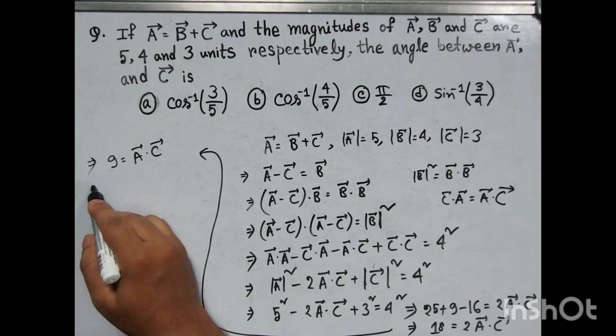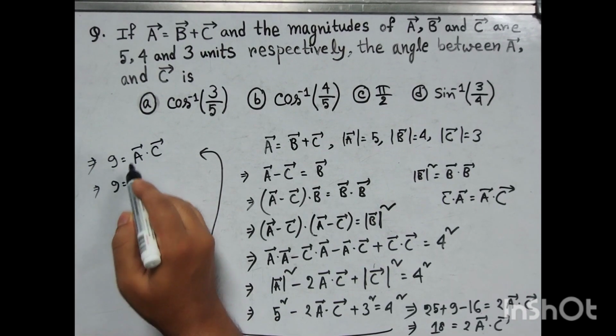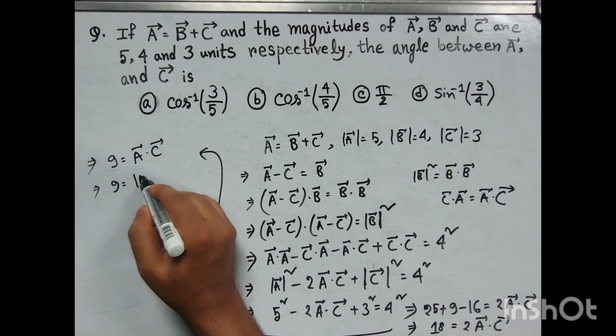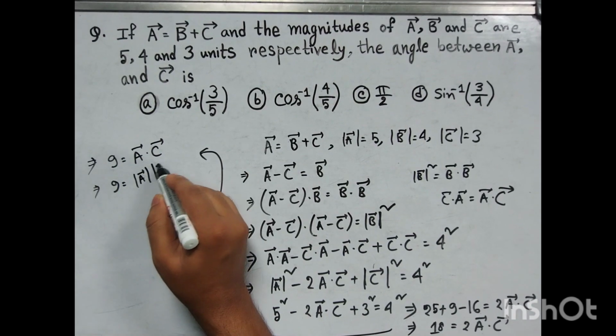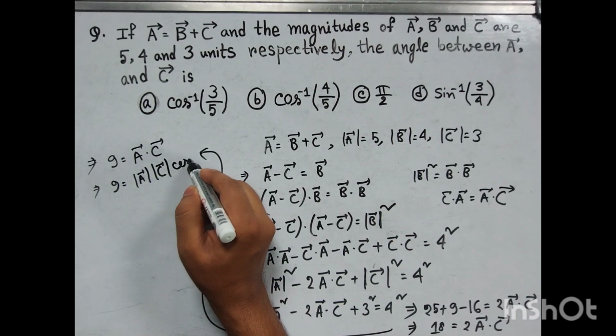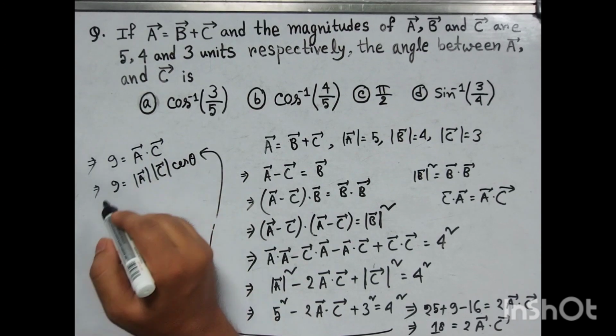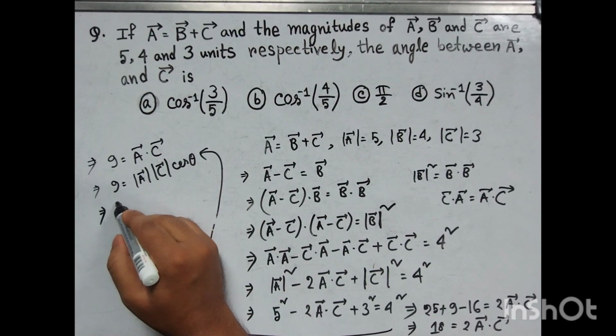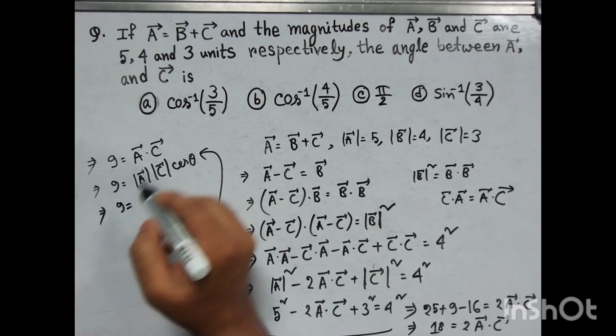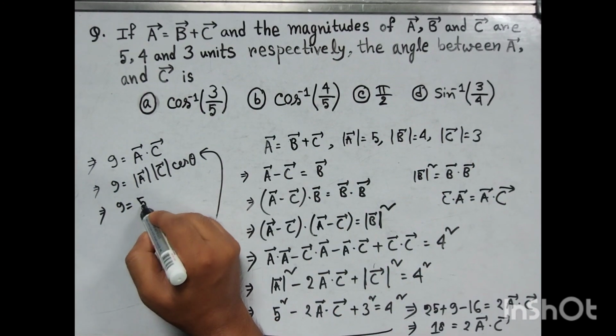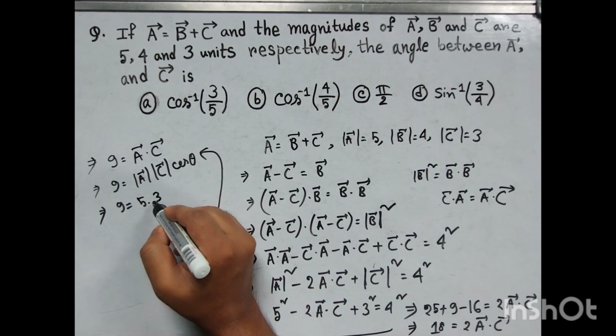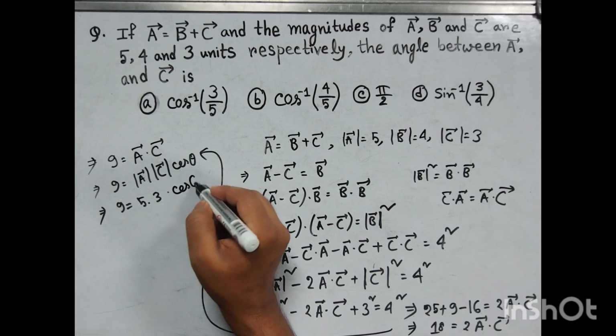Now from the definition of dot product, we know a vector dot c vector means mod a vector into mod c vector into cos theta, where theta is the angle between these two vectors. So 9 equal to mod a vector is 5, mod c vector is 3 into cos theta.